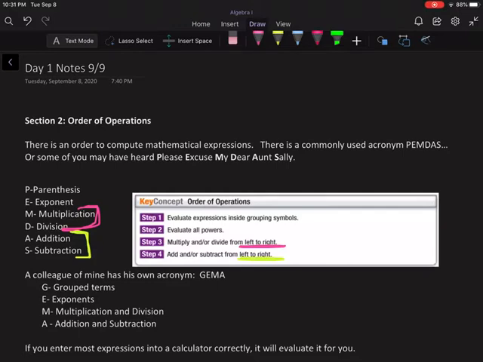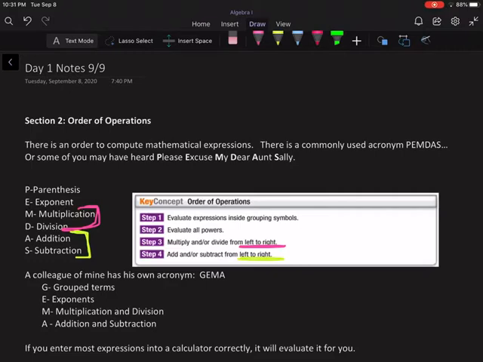Alright, so we want to make sure that we always understand the process and the strategies to go about these things. A colleague of mine has actually used the acronym GEMMA. And the GEMMA means you first evaluate the group terms, then you do the exponents, then multiplication and division.